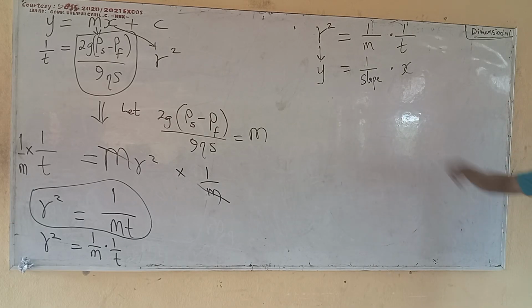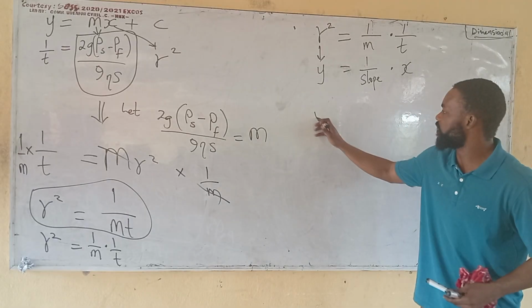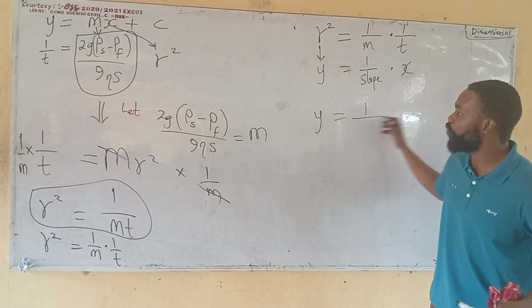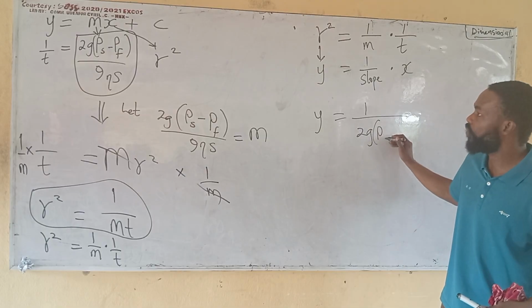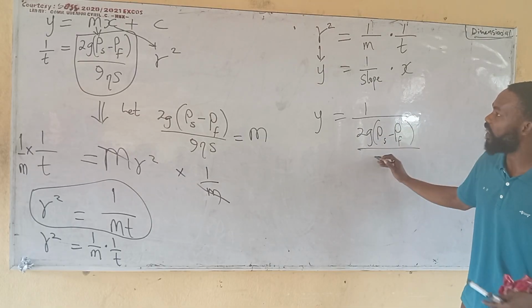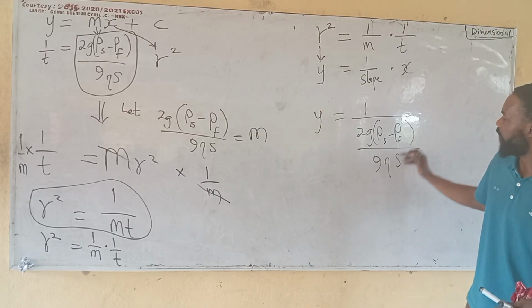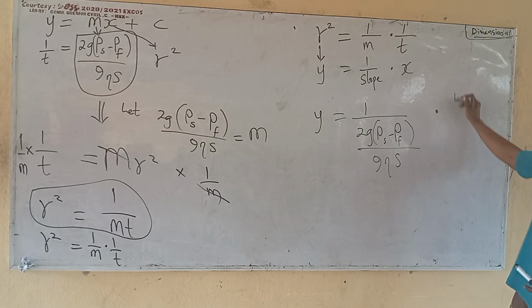Now, what you will do is to replace the m with the value. So y equals 1 over 2g(rho s minus rho f) all over 9 eta s, times 1 over t.